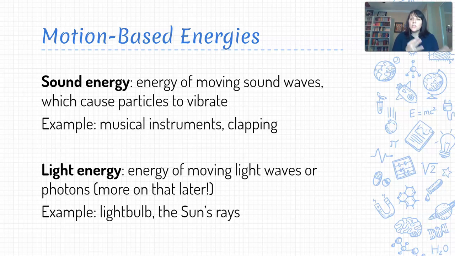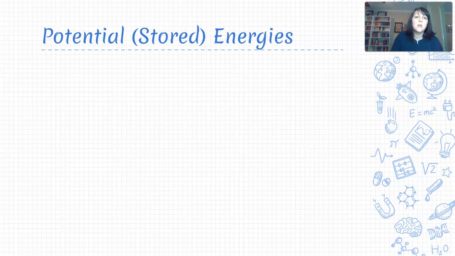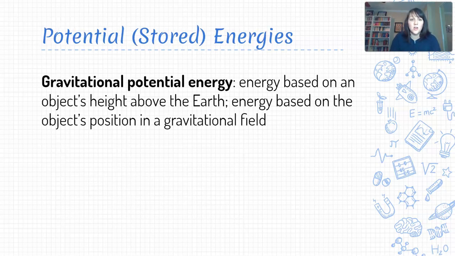All right, so let's jump over then to potential energies, these stored energies that don't require motion, but that could be translated into motion under the right circumstances. Okay. So first potential energy for us to talk about is gravitational potential energy. Gravitational potential energy is the type of energy that an object has when it's in a position where gravity can accelerate it and get it to start moving.